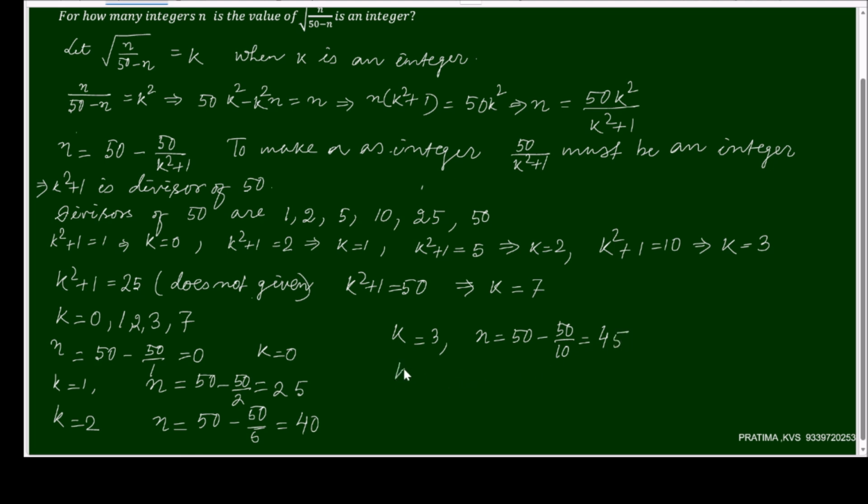And k equals 7: n equals 50 minus 50 by 50, that will be 49. So n has the values 0, 25, 40, 45, and 49.